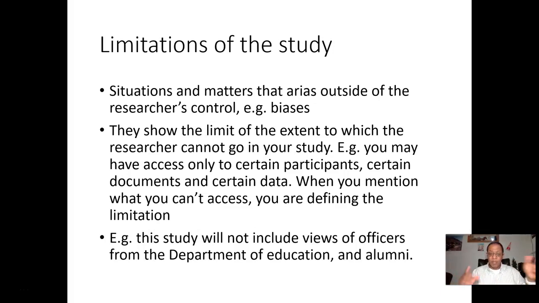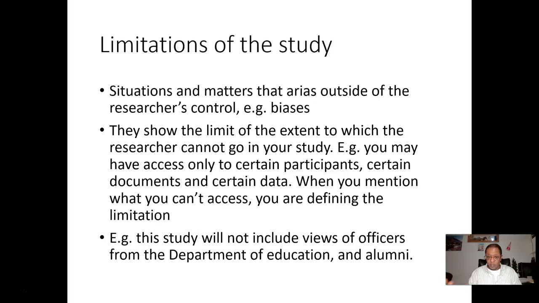In the example I mentioned earlier, one of the limitations was that this study will not include views of officers from the Department of Education and alumni, because the study was about school community relations. So I said I was going to rely only on parents and teachers.